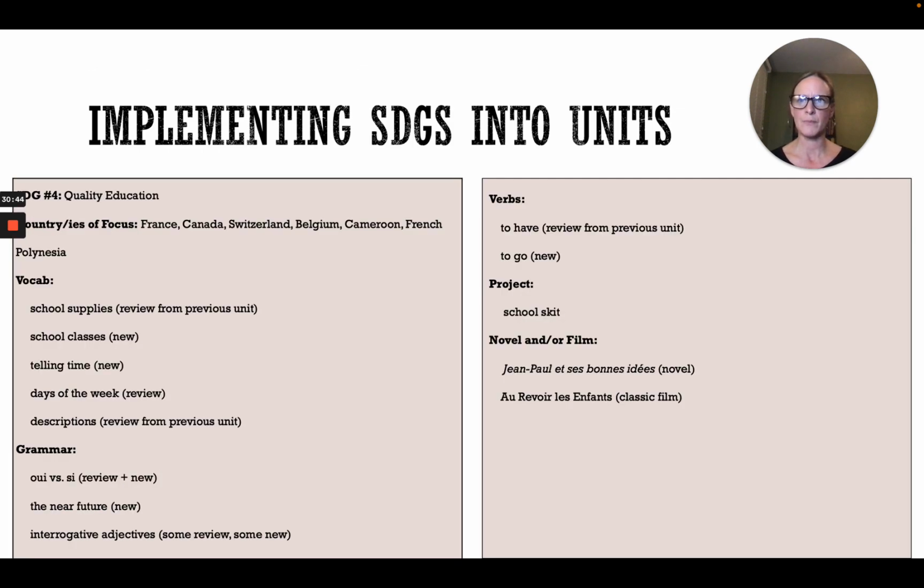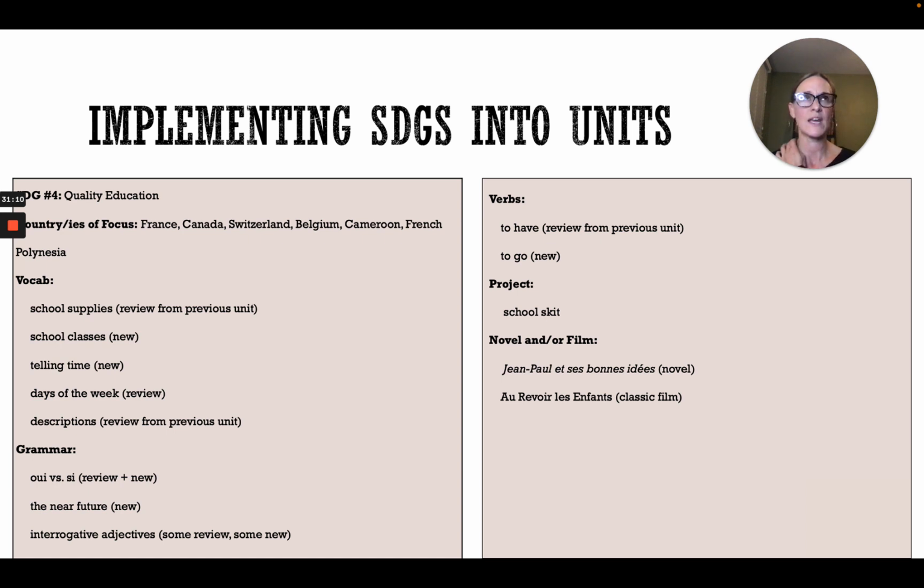So here's an example. Sustainable development goal number 4 is quality education. So I'm focusing on a few different Francophone countries because one thing I do is we look at school schedules. So we look at a student schedule, but also a calendar. What does a school year calendar look like in various Francophone countries?